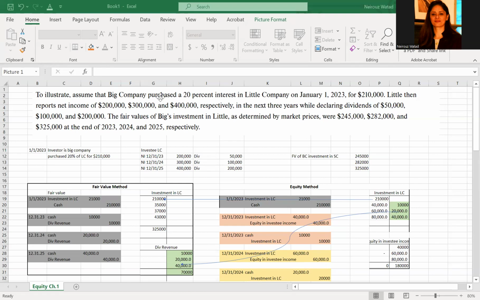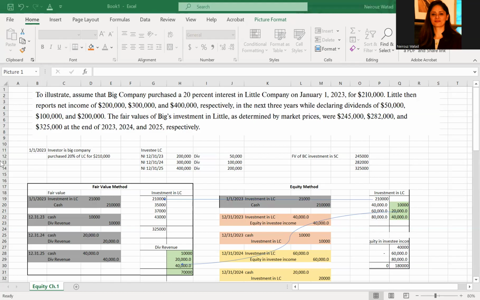So here we are going to learn how to prepare journal entries when there is an investor that invested between 20 to 50% in another company, an investee, and the investee has reported income and has also declared dividends. Okay?